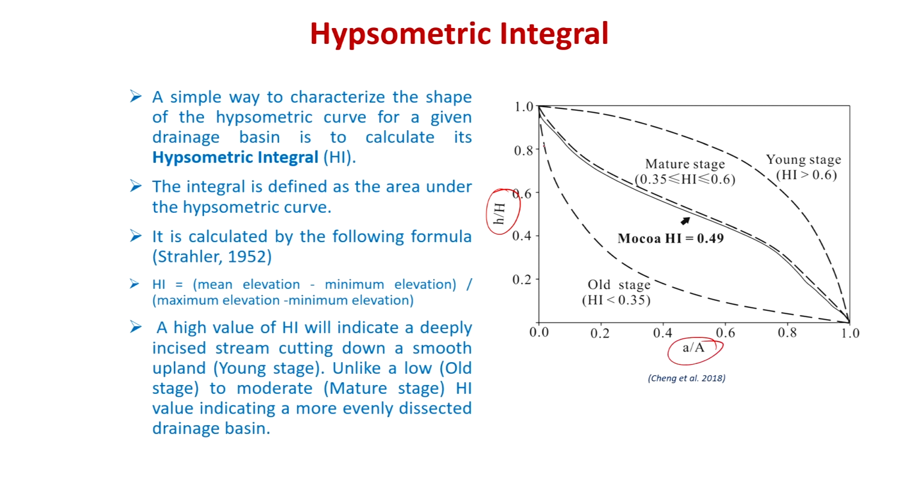You can have concave curves, or convex curves, and in between a mixture of these. The concave one indicates an older stage of the river, whereas the convex one indicates the youth stage, and this could be indicative of active uplift in the area, or ongoing active tectonics in the region.